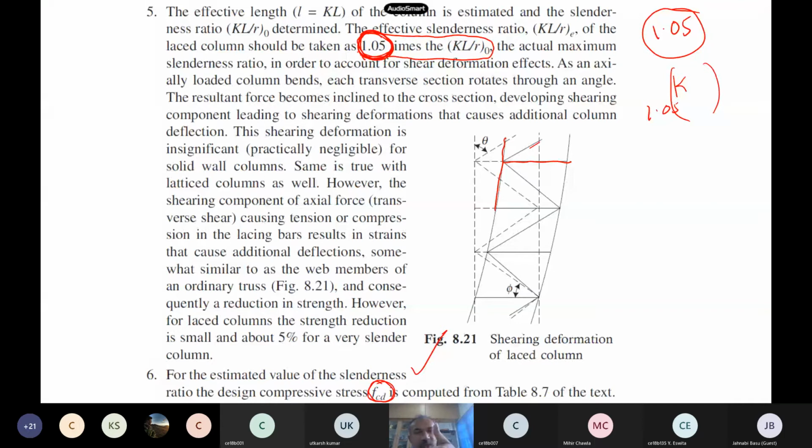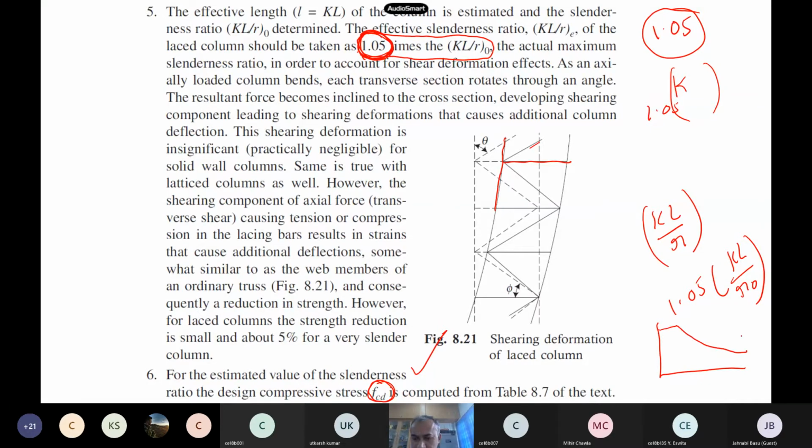When you increase the slenderness ratio, what happens to the buckling load? Suppose I have a column, its slenderness ratio is KL by r. Now I am increasing the slenderness ratio. What happens to the buckling load? It decreases. So why are you increasing the slenderness ratio for laced columns?